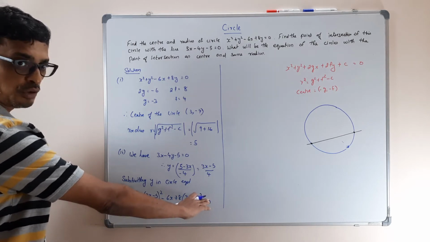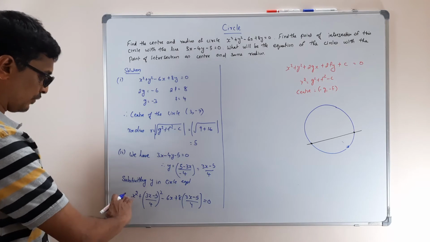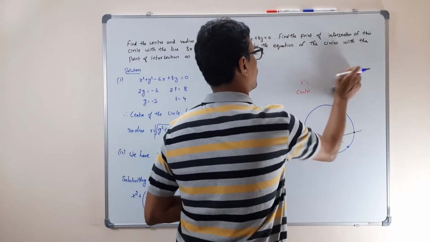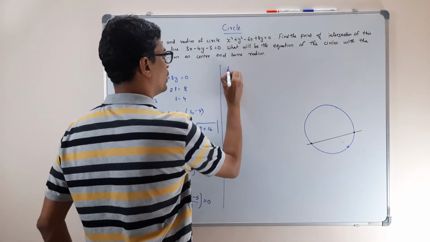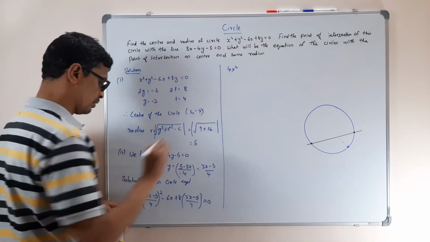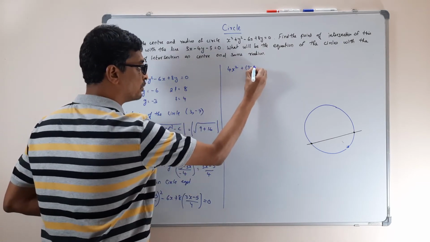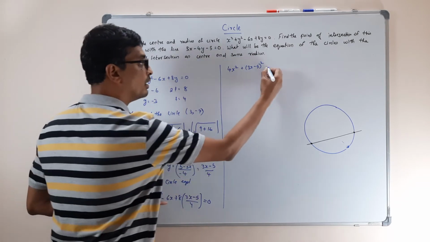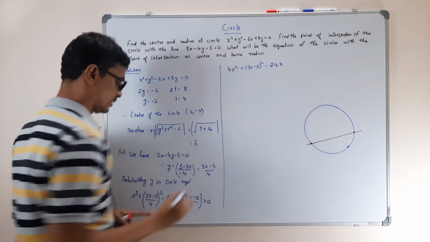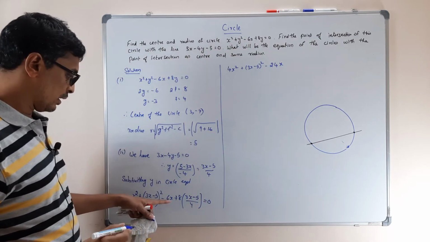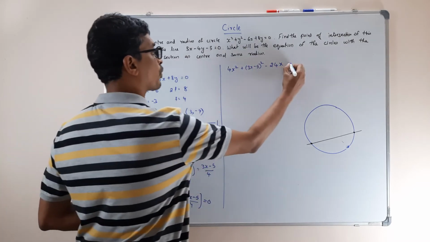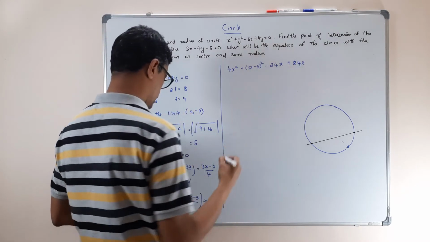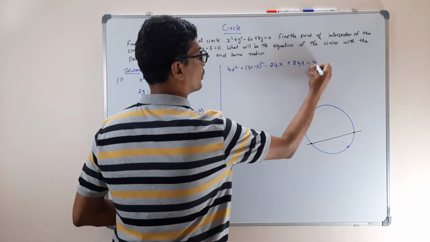Then we have 4x square plus 3x minus 5 whole square, minus 24x plus 24x minus 40 equal to 0.